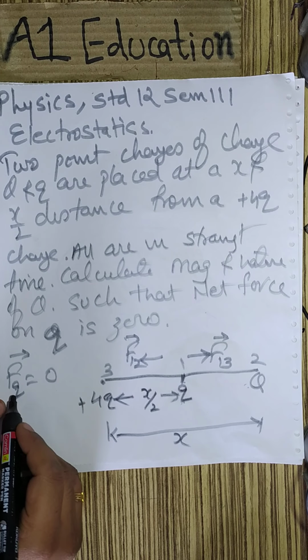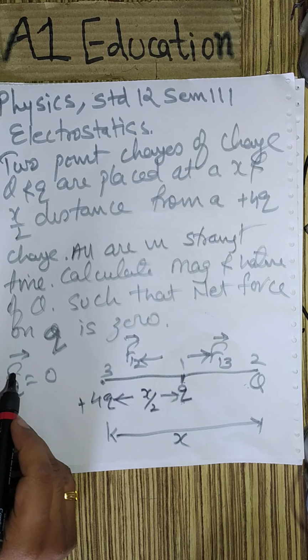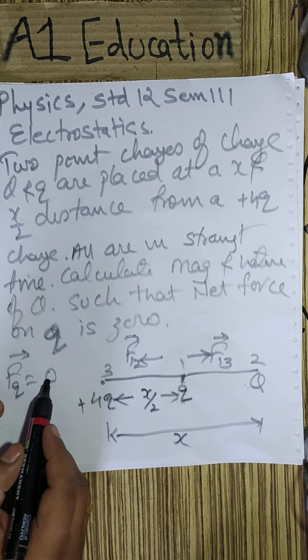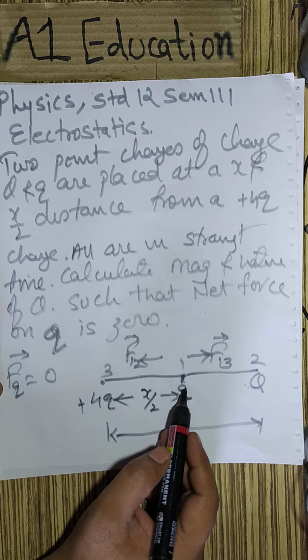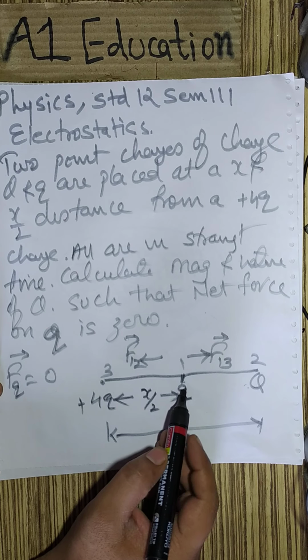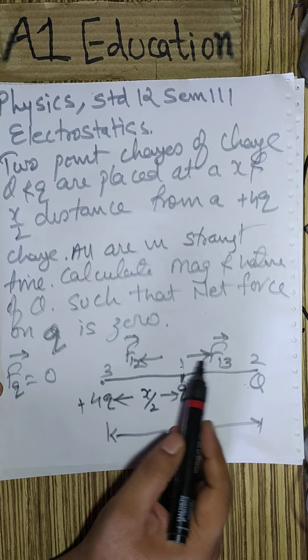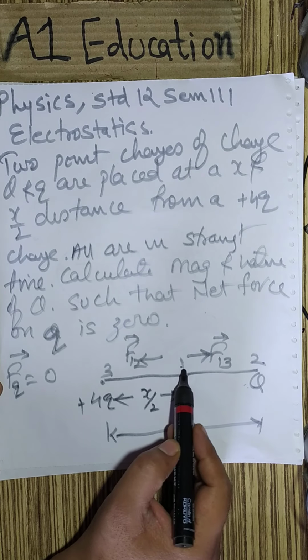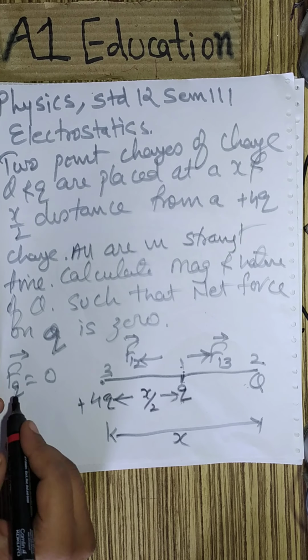Now coming back to the hint given that the force on Q is 0. Force on Q is nothing but the summation of force on 1 due to 2 as well as due to 3, which we have identified here.